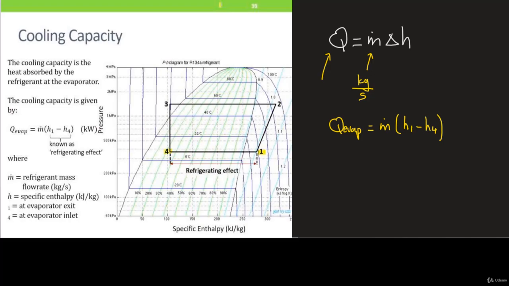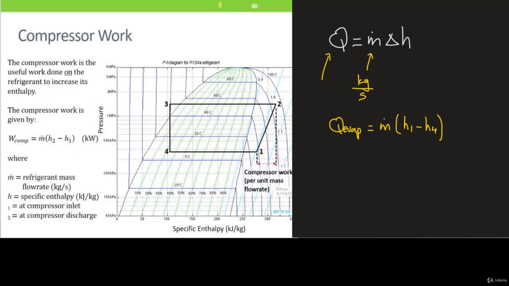That is the equation to calculate the amount of cooling that you can provide in this cycle. Using the same concept, if you want to find the compressor work, that means how much energy or power you need to provide for this whole refrigerant cycle to work, it is the same thing, m dot delta H, but instead of Q, you write work done by compressor.